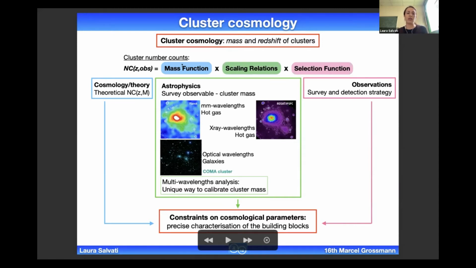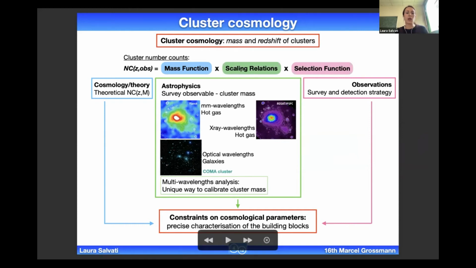The first one is the mass function, the theoretical mass and redshift distribution of clusters, related to the cosmological model that we are assuming. Then, in pink here, we have the selection function, which is how we model the detection and observational approach of the survey, our experiment.